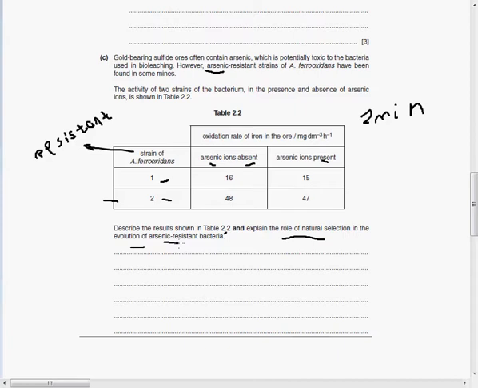How does arsenic resistant bacteria get produced? There was a selection pressure, and mutation occurred. So the first thing you should mention here is mutation.